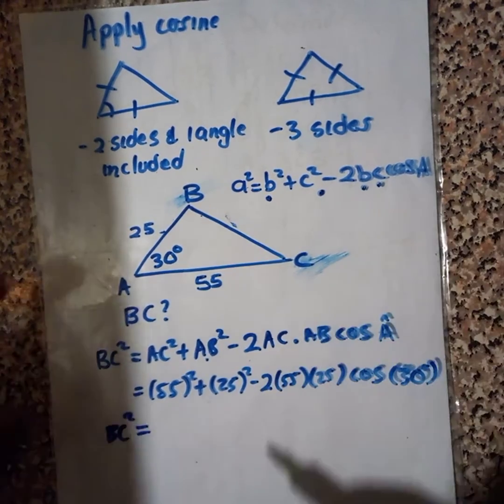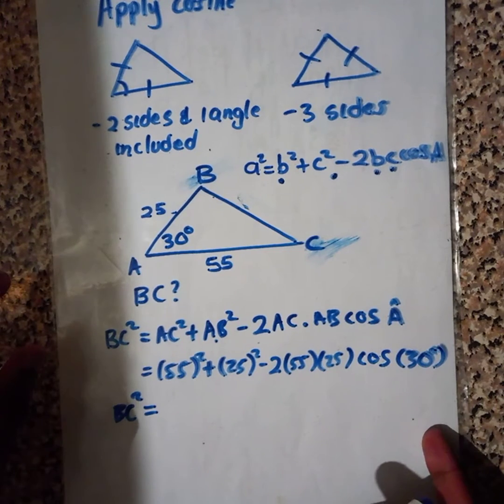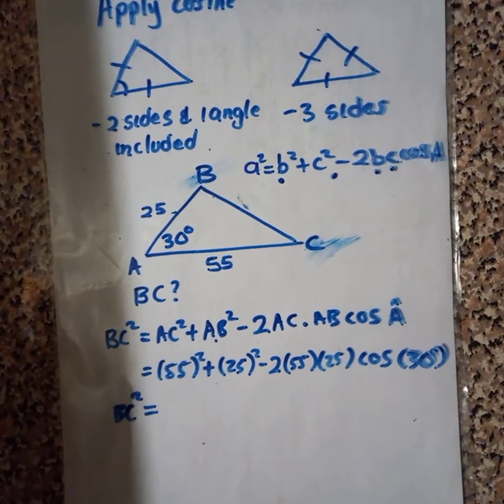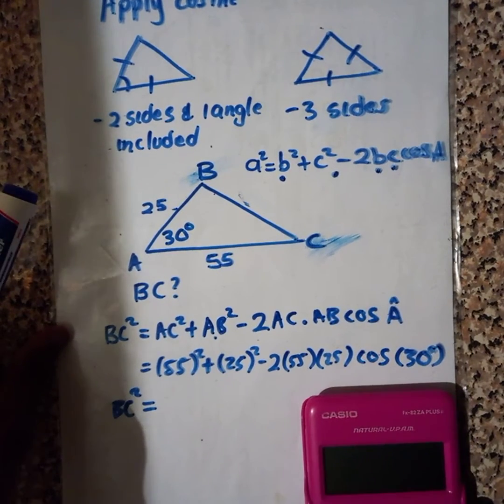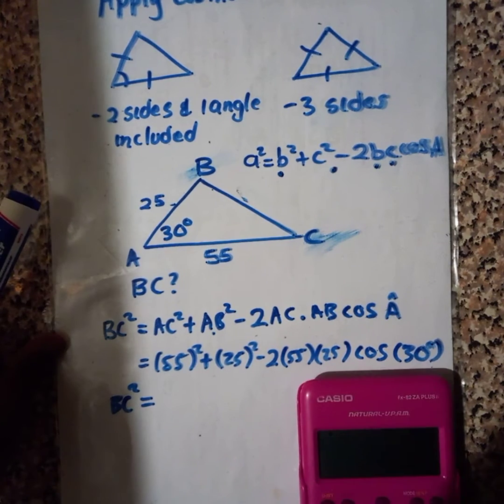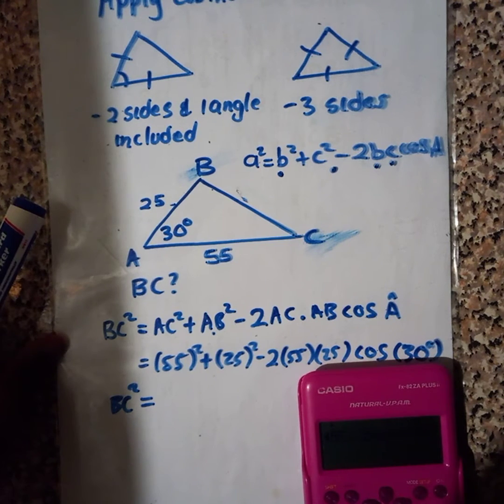Then I'm going to take a calculator and punch everything. Let us use our calculator: 55 squared plus 25 squared minus 2 times 55 times 25 cos 30.